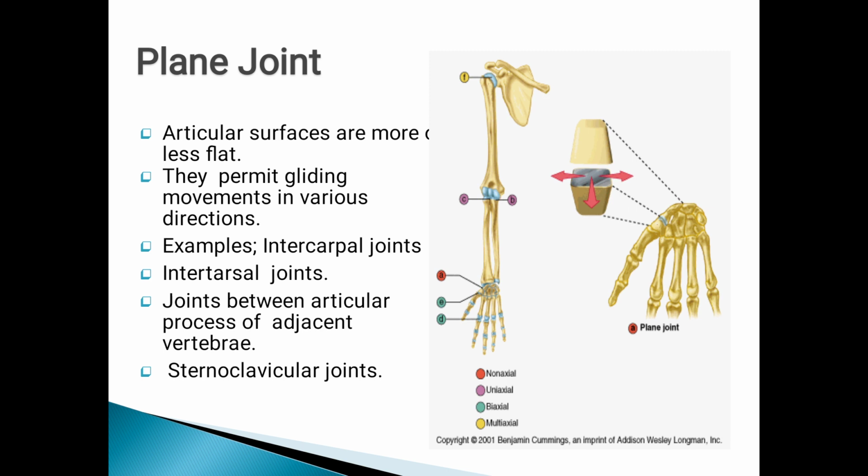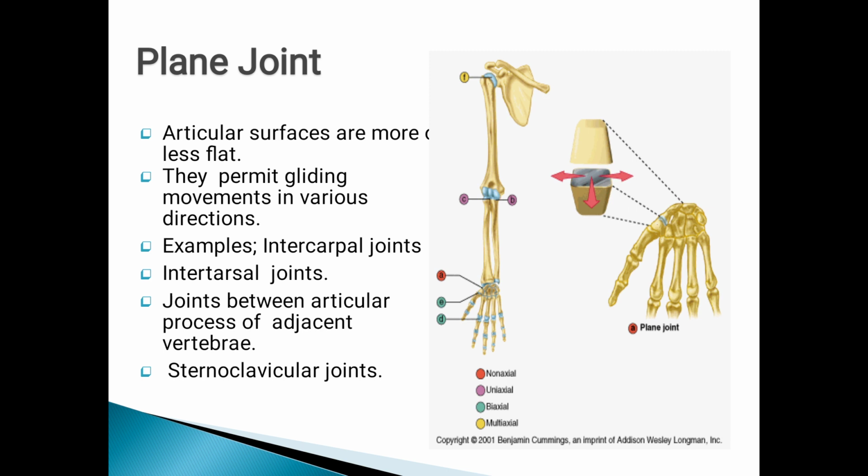So this plane joint primarily permits back and forth, slide to slide movement between the flat surfaces of bones. That is, they permit gliding movement in various directions. That is, they rotate against one another.